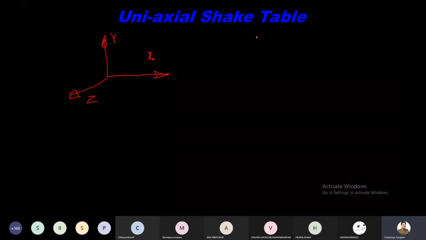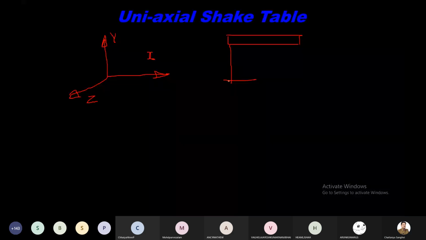If this is my building, for example, then this building will be shaken in X direction, it will be shaken in Y direction, it will be shaken in Z direction, right?